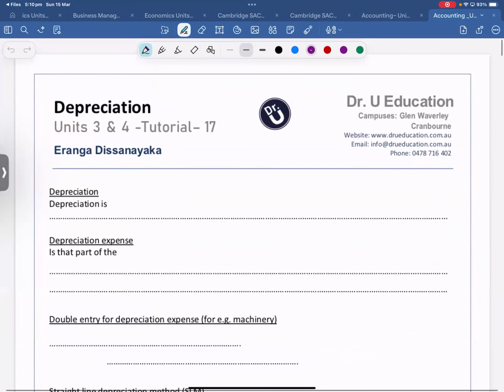Okay, guys, depreciation. We have actually 2 topics. One is the straight line depreciation.